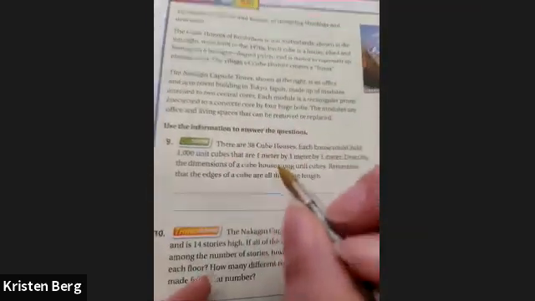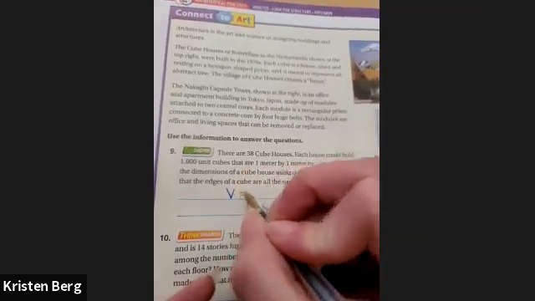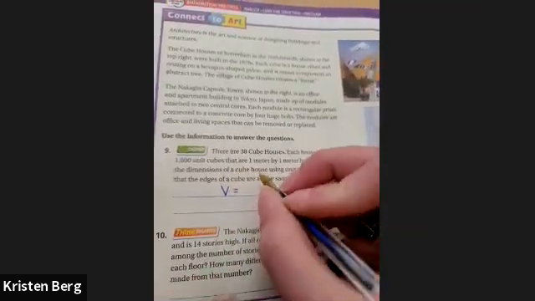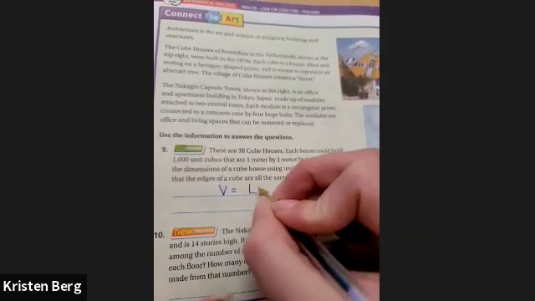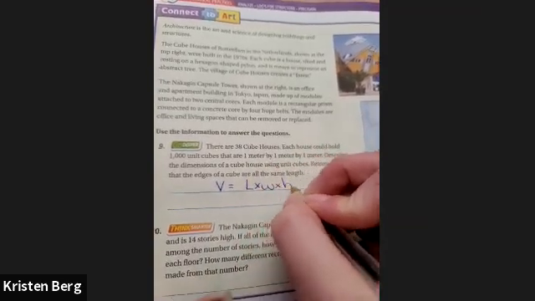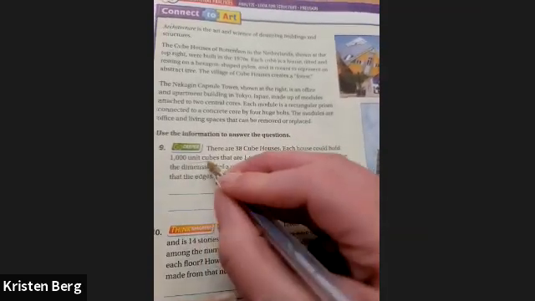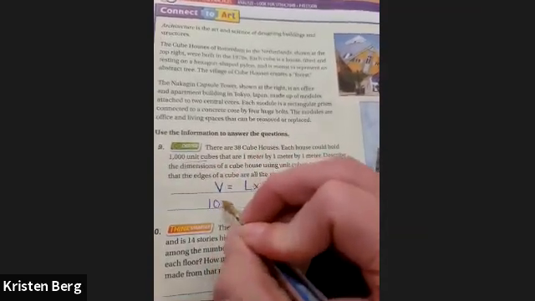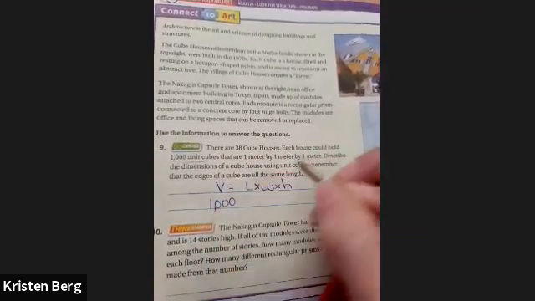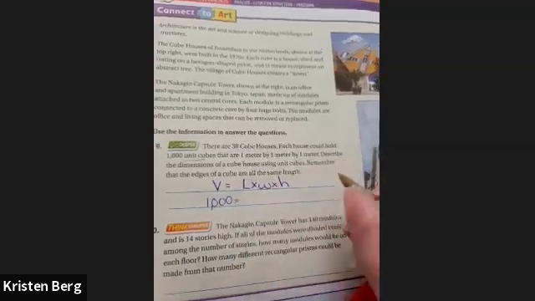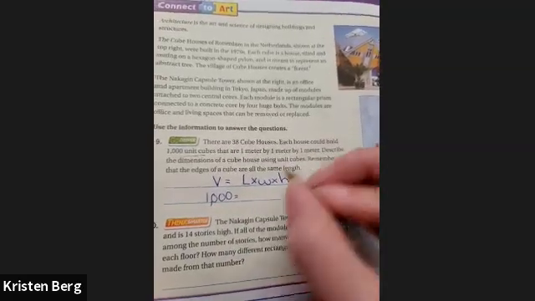So remember, it told us the volume is length times width times height. So it told us that it could hold 1,000 of these meter cubes. So we know that we're going to be talking about meters.